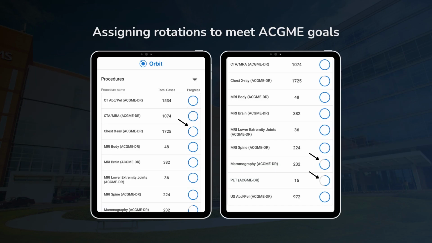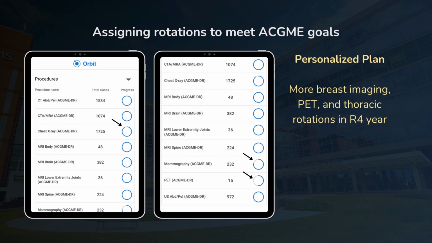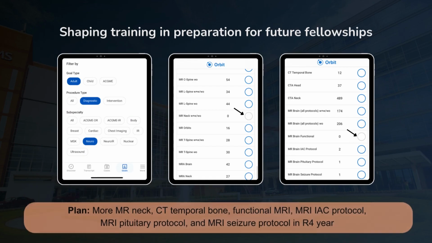We've also been able to allocate rotations to ensure ACGME goals are met in timely fashion. For example, in this resident, we assigned them more rotations in breast, PET, and thoracic to close out their rings on their ACGME goals.